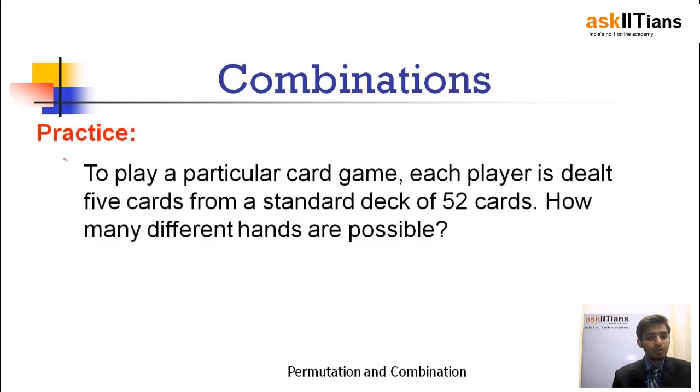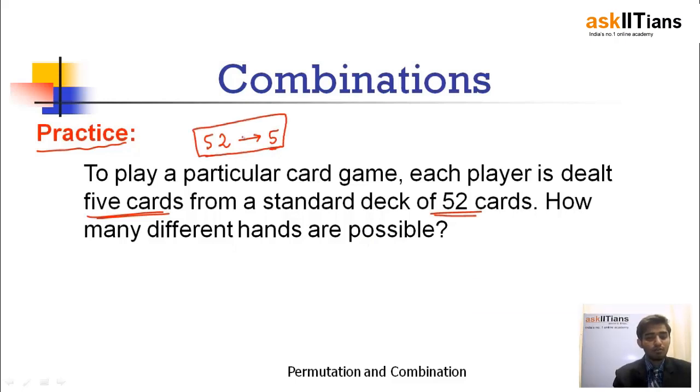Let us practice one problem based on the number of combinations. To play a particular card game, each player is dealt 5 cards out of a standard deck of 52 cards. So out of 52 cards, I have to select any 5 cards. How many different hands are possible? If I select any 5 cards out of these 52 cards, I will get 1 hand.